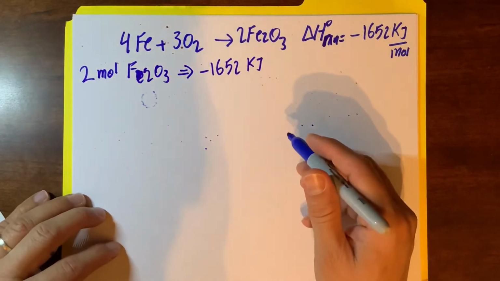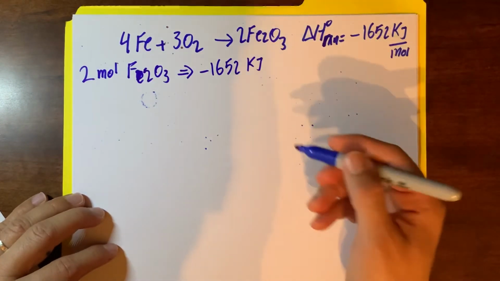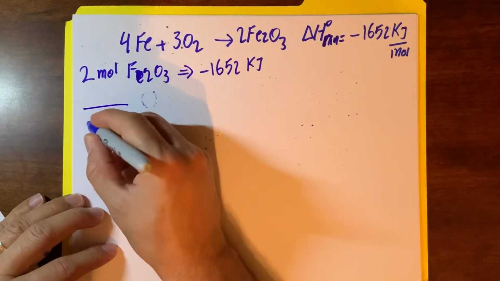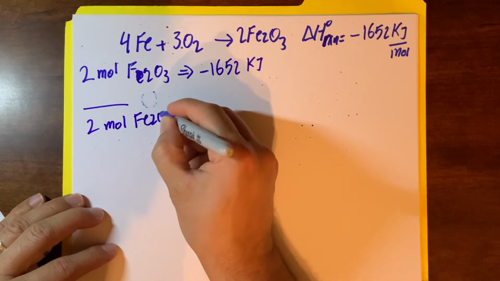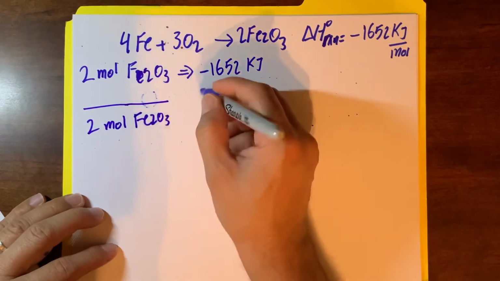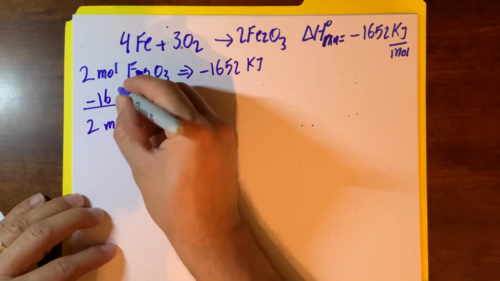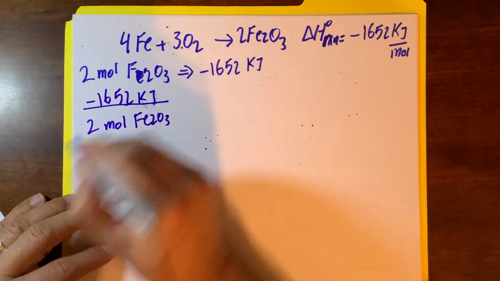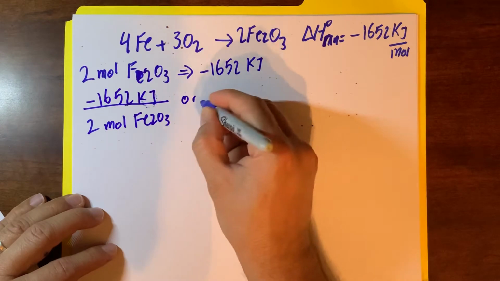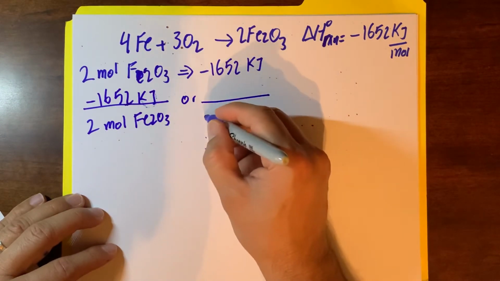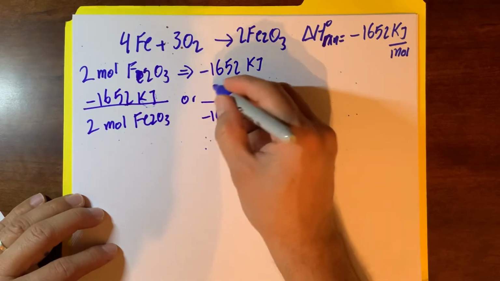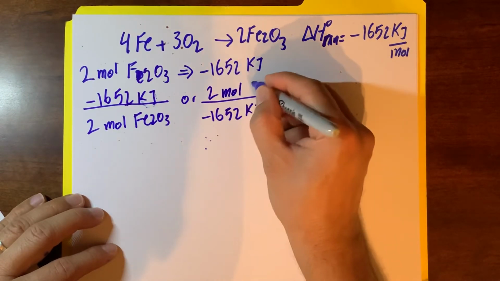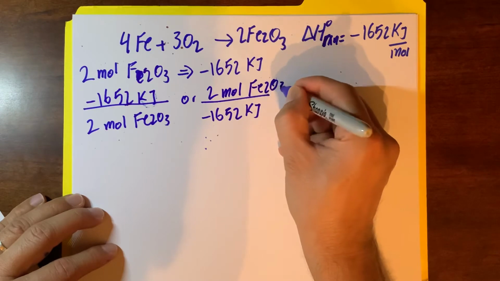So you can treat this one as a conversion factor. You can say 2 mole iron 3 oxide will give us 1652 kilojoule heat, or we get 1652 kilojoule heat if we form 2 mole iron 3 oxide.